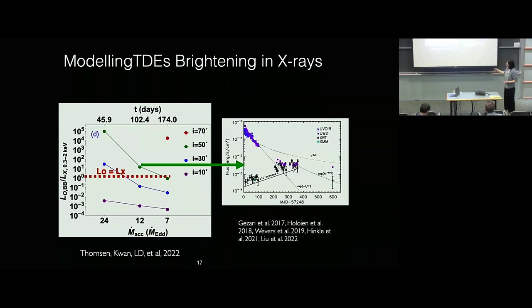We can see that if we want to use this to explain the X-ray brightening of optically strong TDEs at later epochs, then the best way to do that is to use intermediate viewing angles, like 50 degrees, for example, where initially it's very optically strong, and at a later time the X-ray can catch up with the optical fluxes.